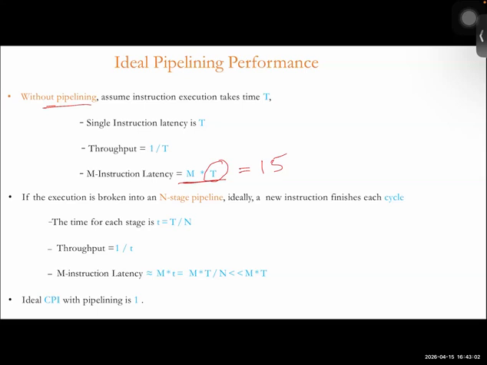With pipeline, suppose the number of stages is 5. In that case, each stage takes 1 cycle of time.